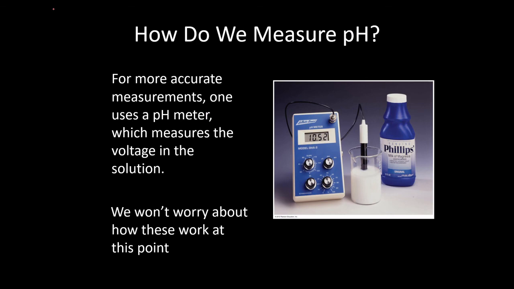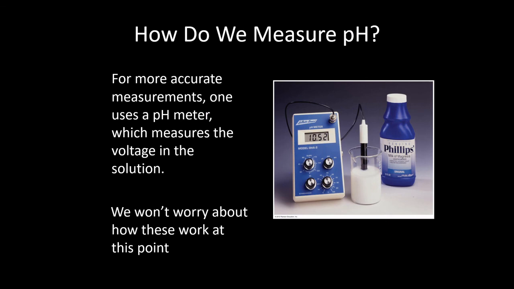The best way, though, to measure the pH is to use a pH meter. And these are conductivity probes. They measure the conductivity of a solution, but they are specially made to only measure the conductivity due to hydronium. So if you have something else mixed in, like potassium chloride or something like that, it will not measure the conductivity from those ions, it only measures the conductivity due to hydronium.